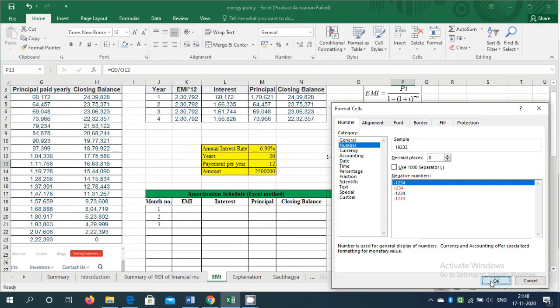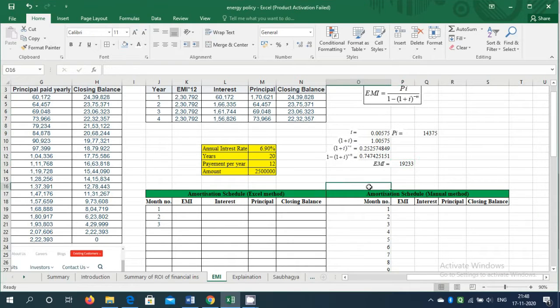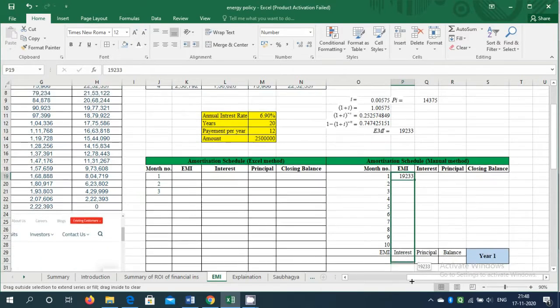Okay, and then I am getting 19,233. So it is equated monthly installment. That means it will remain same throughout the tenure. Okay, so after typing this one, I'll just drag this one for the 10 months.